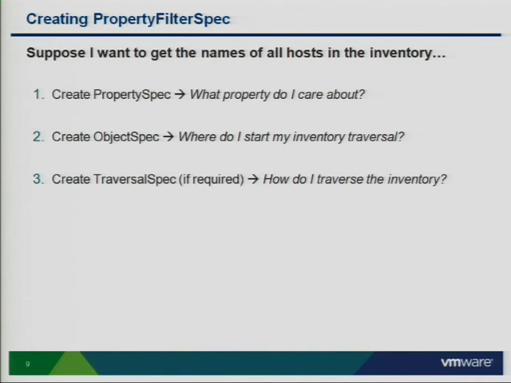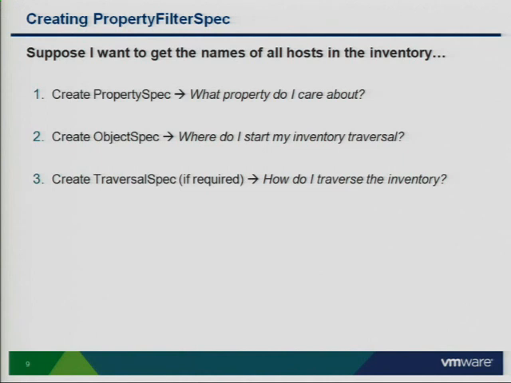Let's say when you log into the VC, the only managed object that you have at that point is the root folder. We all know you start at root folder and then go through the inventory hierarchy in order to get to a point. So if you already have the target managed object reference, you don't have to go through traversal spec. We'll examine all those things in the coming slides.